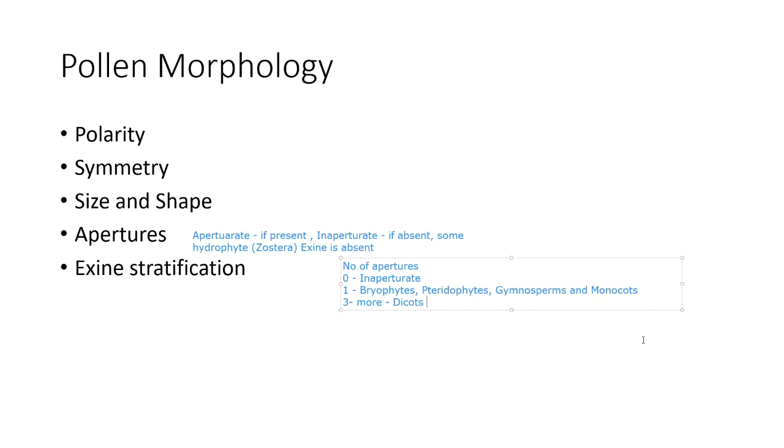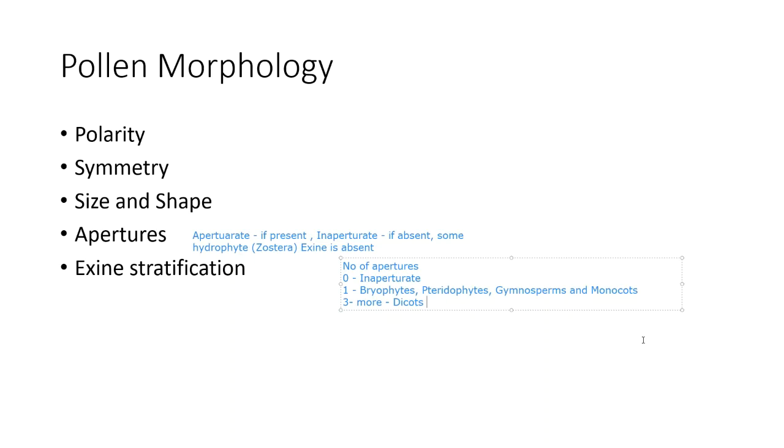So repeat, what are apertures? Apertures are the openings or thin areas which are found on the spore wall through which the inner contents can be clearly seen. And there are two important functions. Number one, they control the change in the volume of the spore or pollen grain with reference to the outer humidity content.